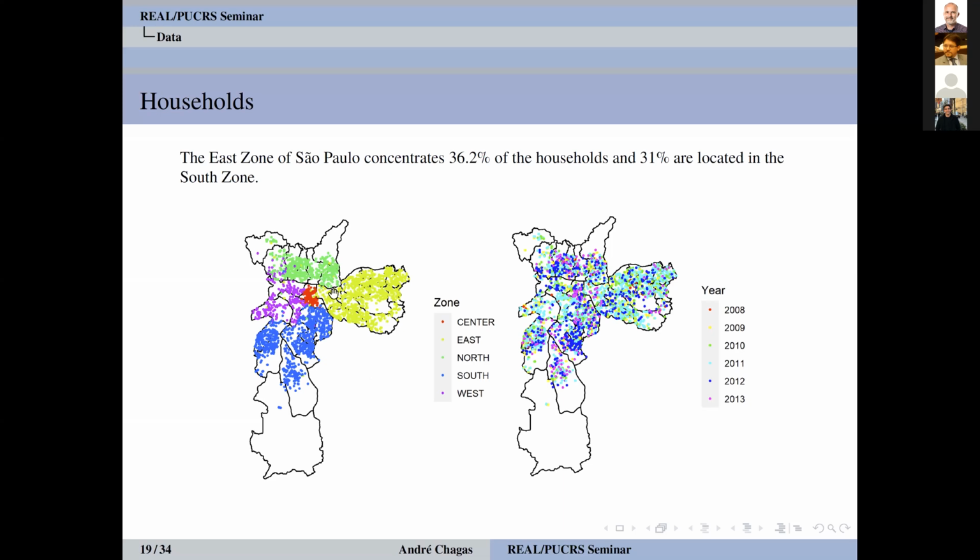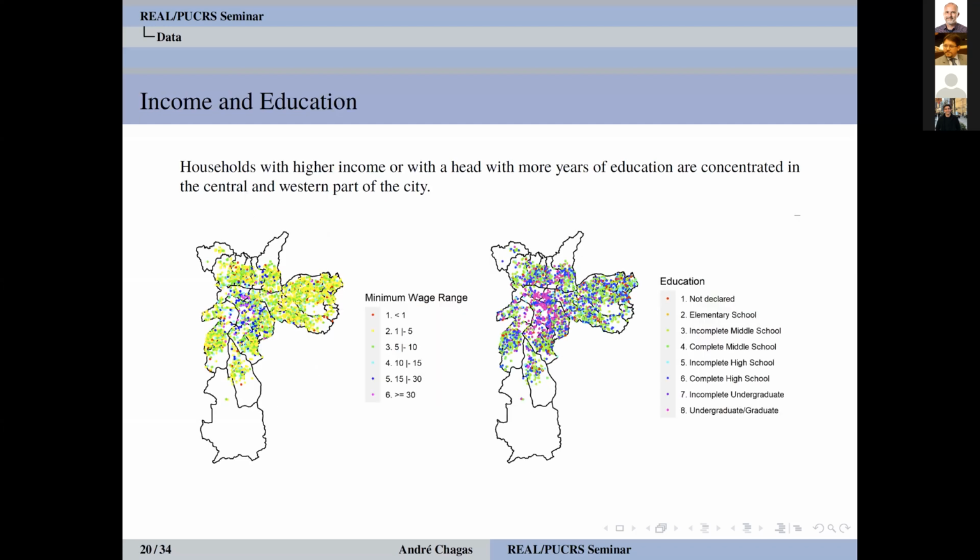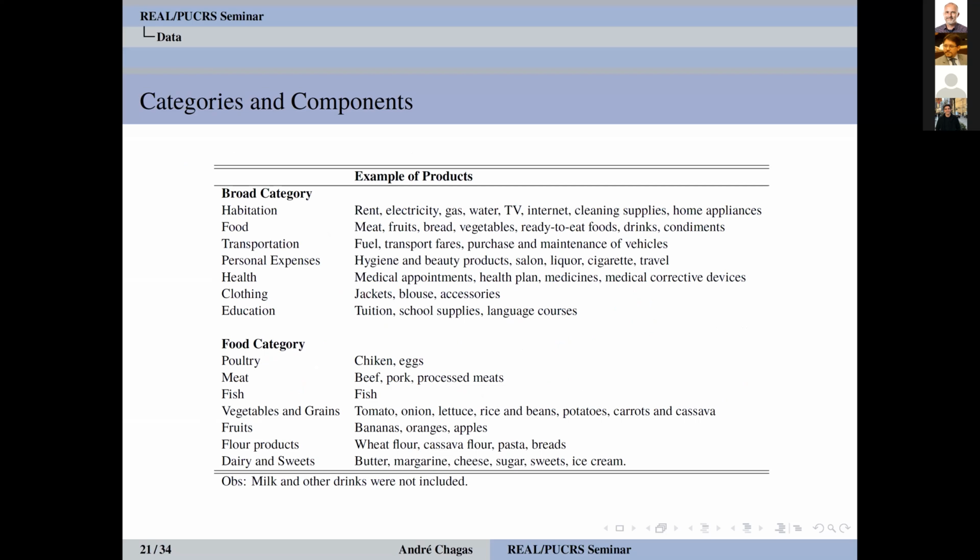And then in this paper, we investigate some kind of concern because we have a computational problem here, because each additional good that you put in the system increases the complexity a lot. Then you have to limit the number of goods, the categories of goods. Then we investigate this time the decision of consumption in different general categories like habitation, food, transportation, health, clothes, education.